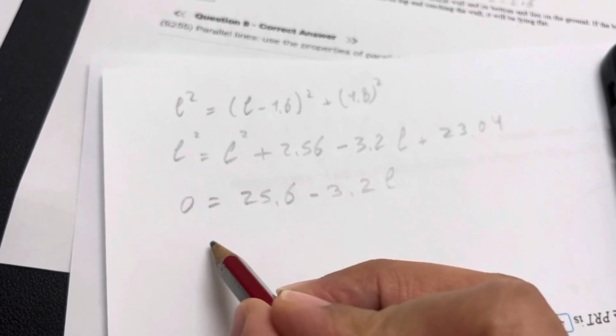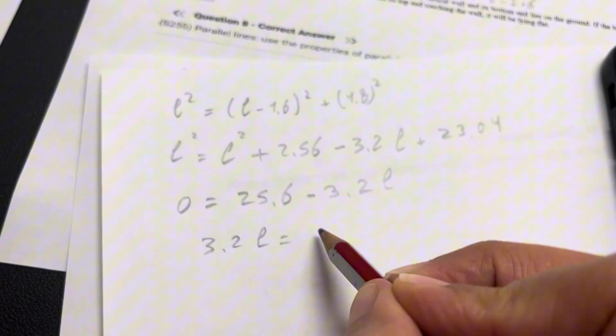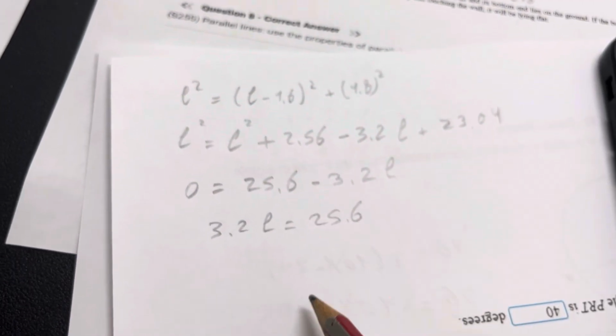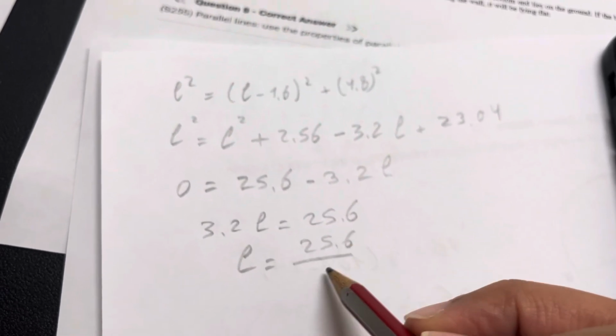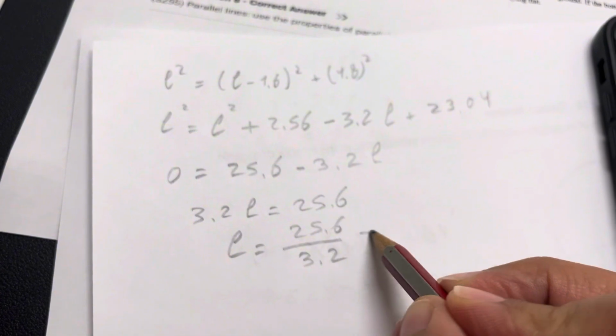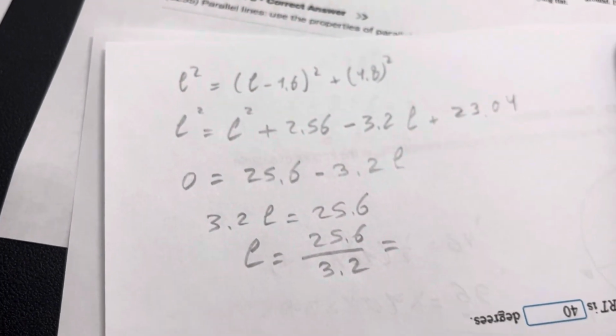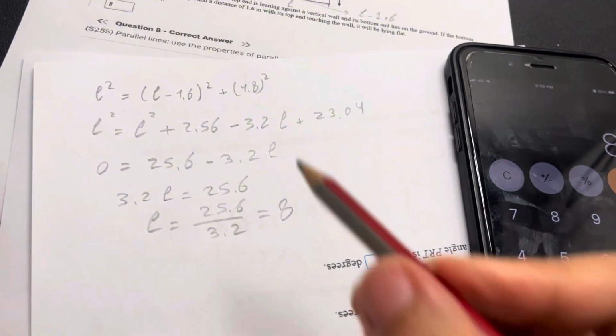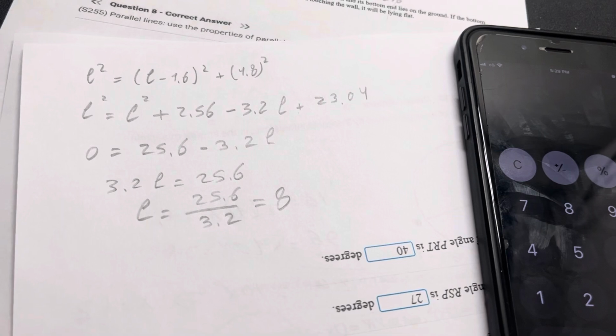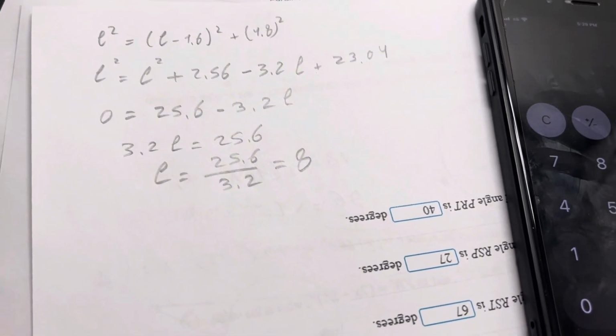Take this to the other side, so 3.2L equals 25.6. So L is equal to 25.6 divided by 3.2, equal to 8. I'm using the calculator, honestly, so I hope if they give you these numbers, they will allow you to use the calculator, or they will give you easier ones.